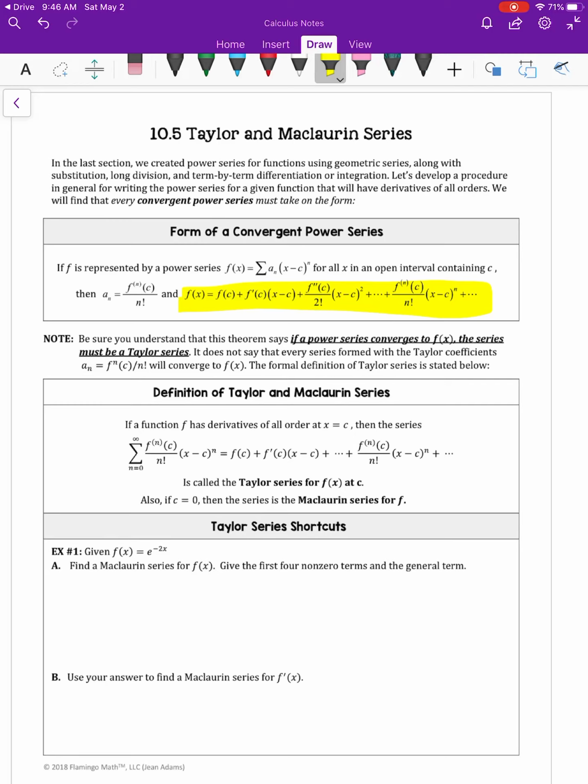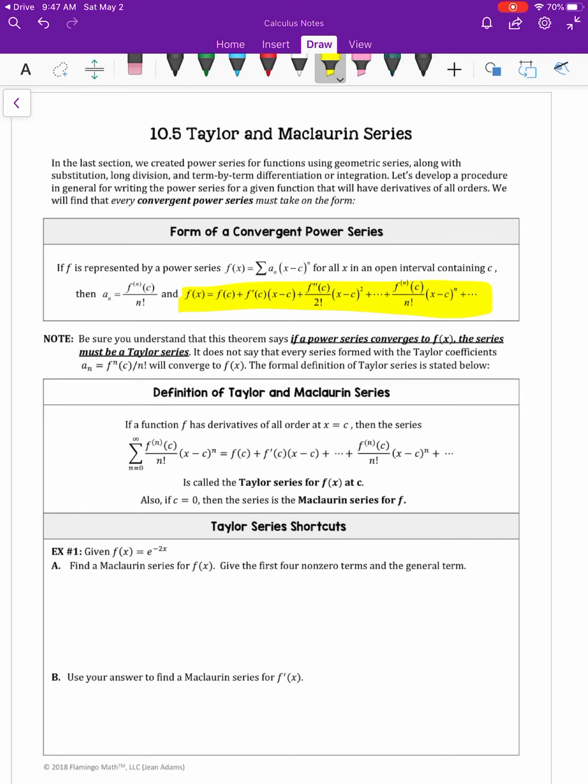So if f is represented by a power series, f of x equals the summation of a sub n times x minus c to the n for all x in an open interval containing c, then a sub n equals the nth derivative at c divided by n factorial, and f of x equals f of c plus f prime of c times x minus c plus f double prime of c divided by 2 factorial times x minus c to the second plus dot dot dot plus the nth derivative at c over n factorial times x minus c to the n. That would be your nth term.